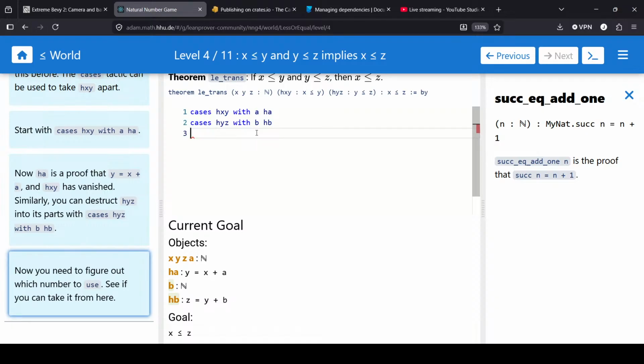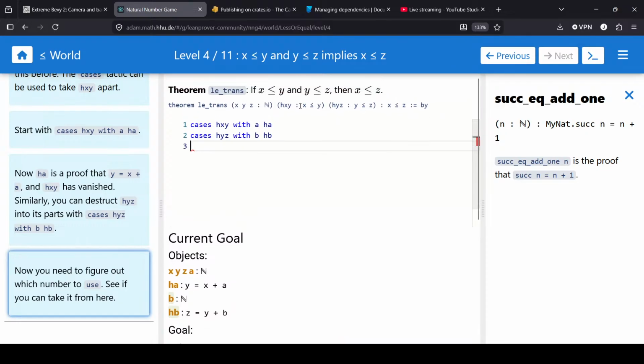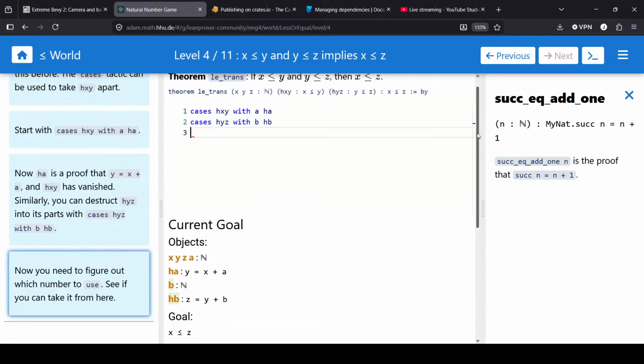So that would be the same as z equals x plus some number. Like what? So if x is less than or equal to y, and y is less than or equal to z, x is less than or equal to z. Interesting.